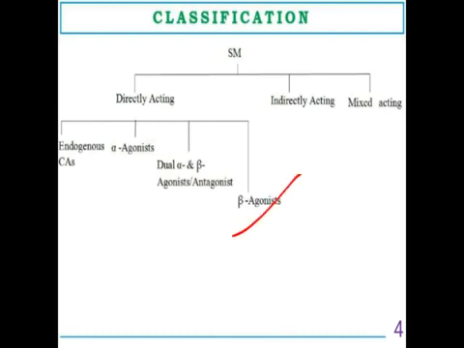But which act on both alpha and beta become alpha and beta agonists. Endogenous catecholamines are actually not drugs but neurotransmitters secreted in our body, like epinephrine and norepinephrine.